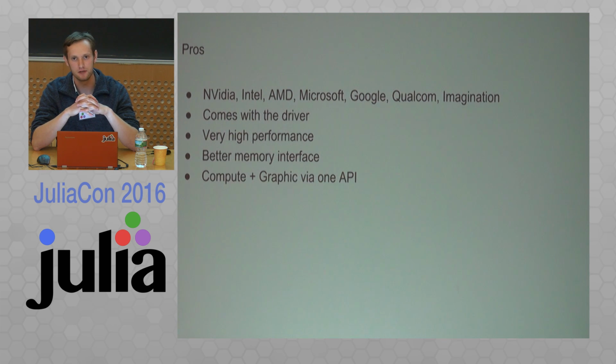So if you have a GPU that is compatible with Vulkan, it will already be installed on your computer. That's different from OpenCL and CUDA, for example. You would need to install that, and I don't know if you've done that. It can go wrong, basically; installing CUDA can steal a couple of hours of your time.